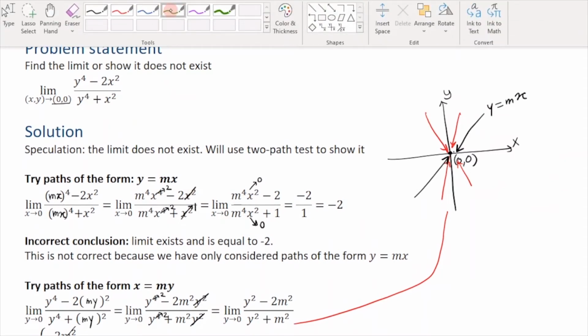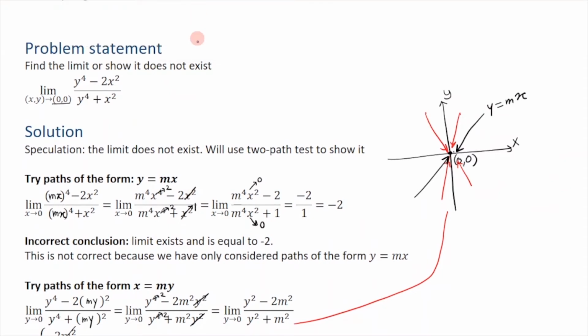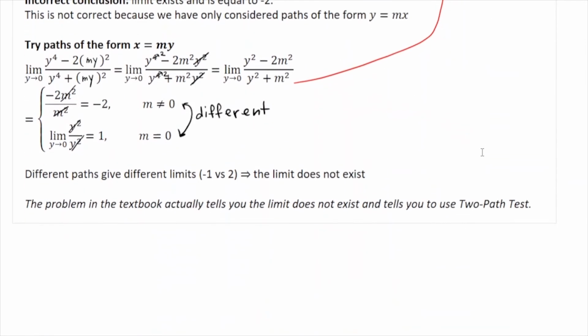So maybe let's use purple for that. So when x is identically 0, we got a different kind of limit. So then by two-path test, the limit doesn't exist.